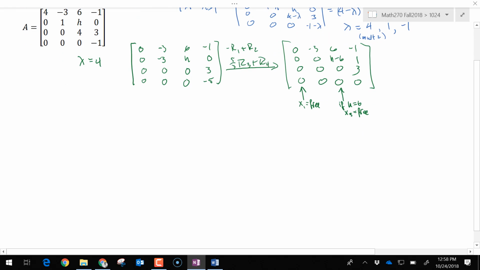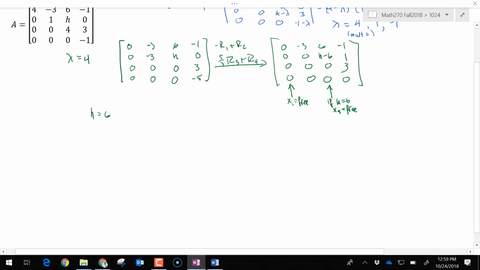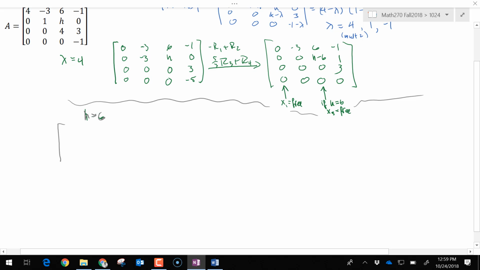So let's assume that h equals 6 here. Maybe we should do this in a different color. If h is equal to 6, then we're looking at the solution to 0, minus 3, 6, -1, 0, and h minus 6 is 0, then 0, 0, 0, 3, 0, 0, 0, 0.